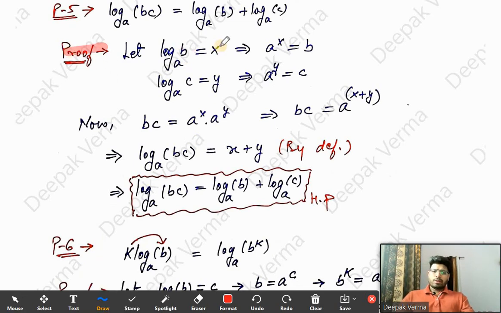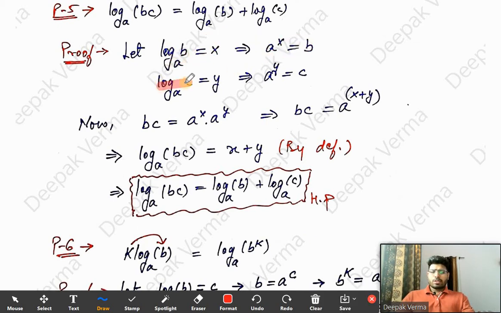Proof. In order to prove it, first of all, let log b base a equal x. From log form we can go to exponential form, like a to the power x equals b. Now it is pretty simple how to go from log to exponential form. Everyone can do it now.